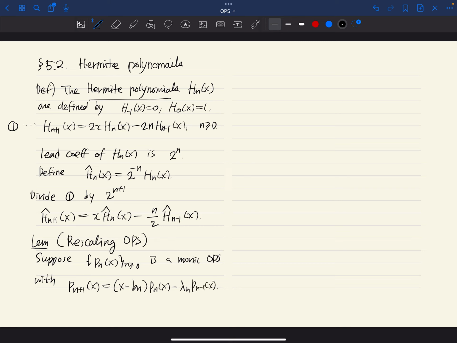And the idea is we modify x. We change x by something.